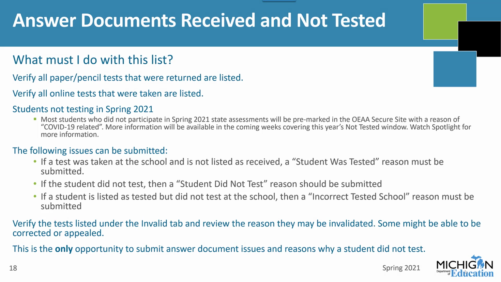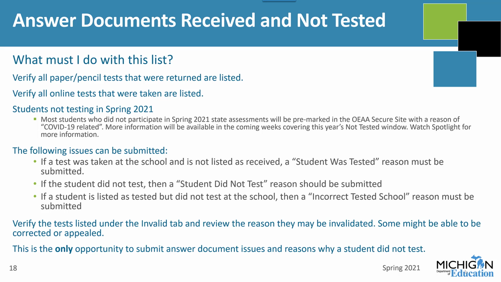There is an Invalid tab that lists students whose tests will be invalidated, with a note about why the test will be invalidated. Some reasons for invalidation can be appealed or could be fixed in MSDS to ensure that the student receives a valid score. Make sure that you review these so that invalid tests are reported correctly.